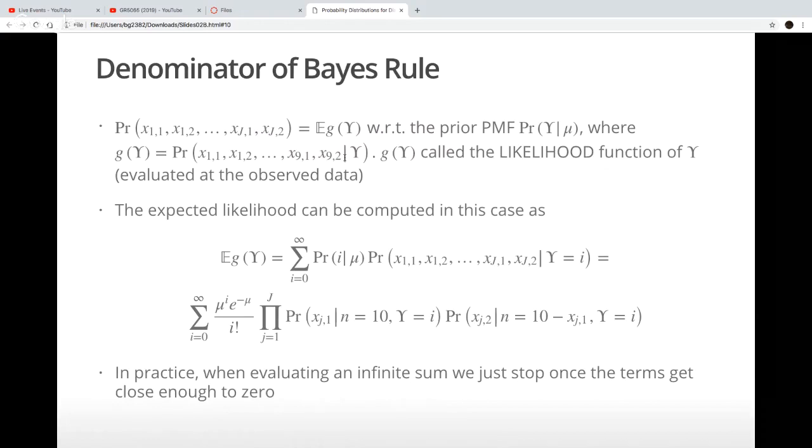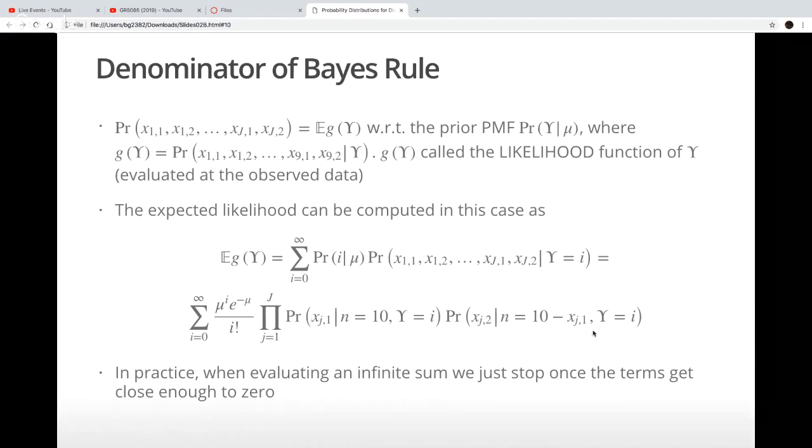So in this case, we're summing from 0 to infinity, which sounds like it would be a whole lot of work. But in practice, when evaluating an infinite sum numerically, you just stop once the terms start getting so close to 0 that you don't care about them anymore, or your computer can't distinguish them from 0. So we have this probability of the 9 frames given upsilon, and that's just for each frame what happens on the first roll marginally times what happens on the second roll conditionally, multiplied from j equal 1 to j equal 9 if we have 9 frames.